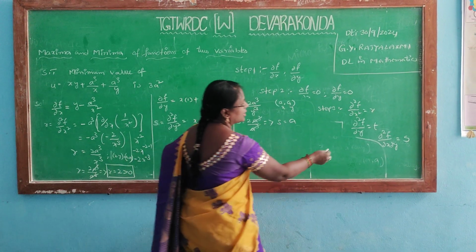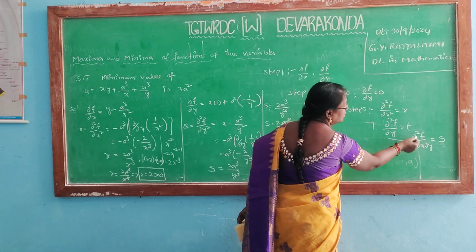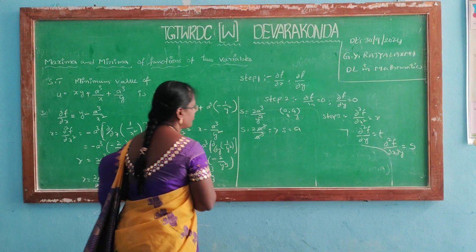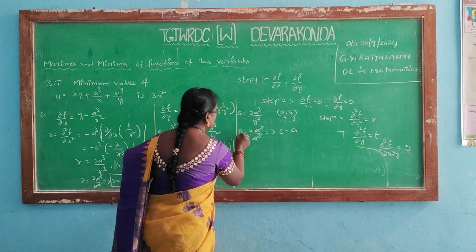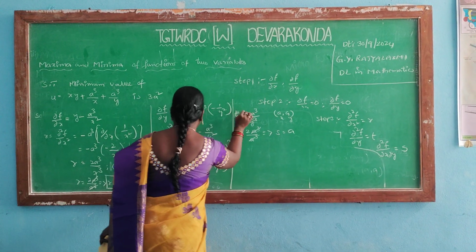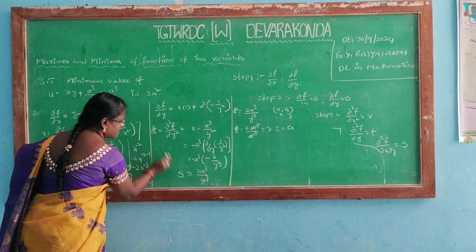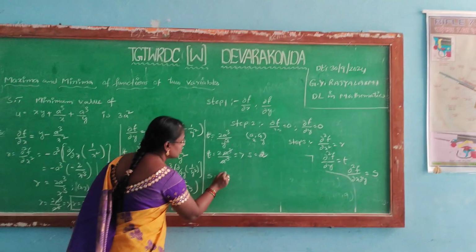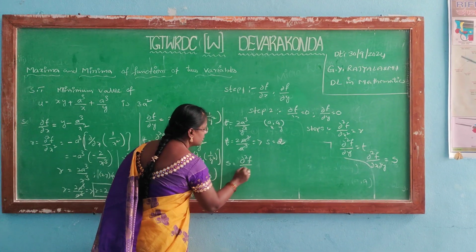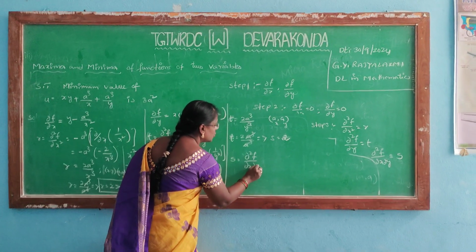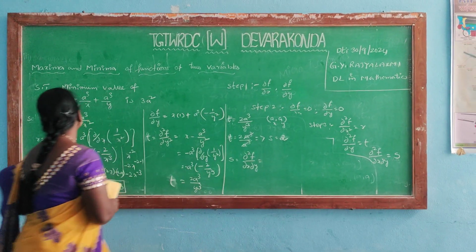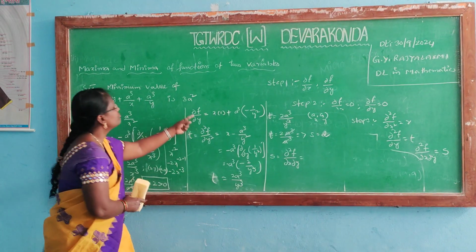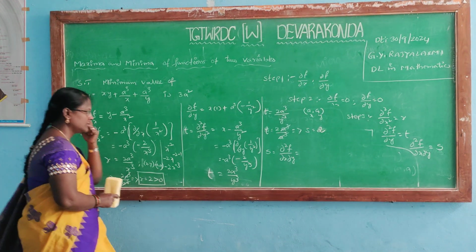And then in step 3, you have to find ∂²f/∂x∂y, that is s. We can take ∂f/∂x with respect to y, or ∂f/∂y with respect to x, either one.